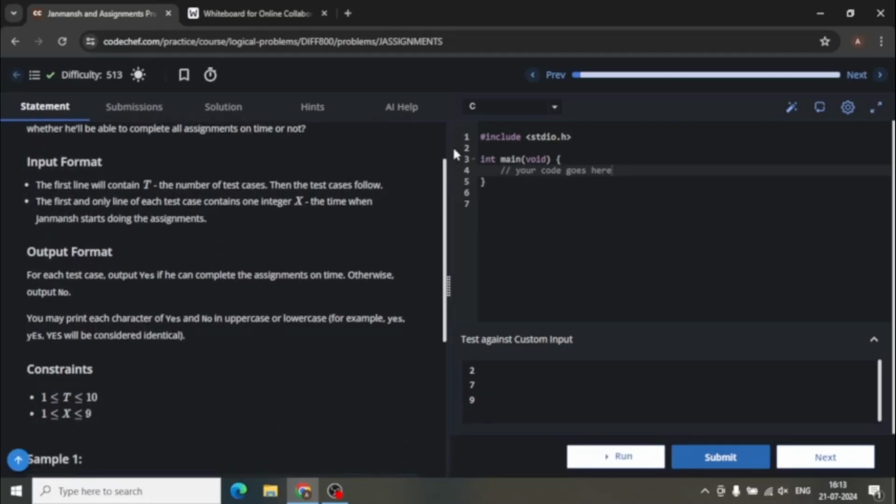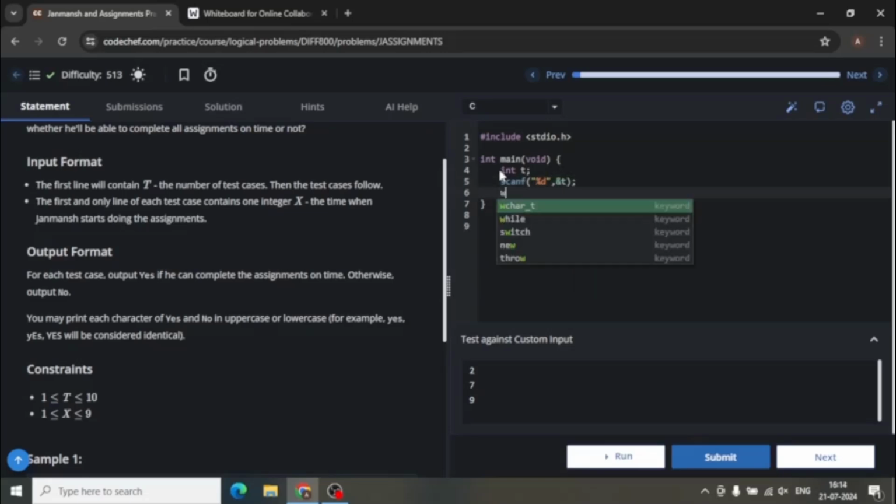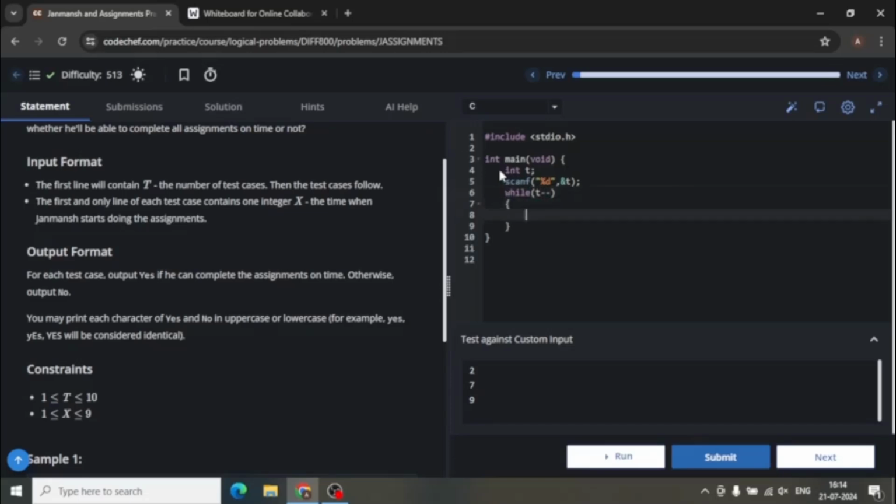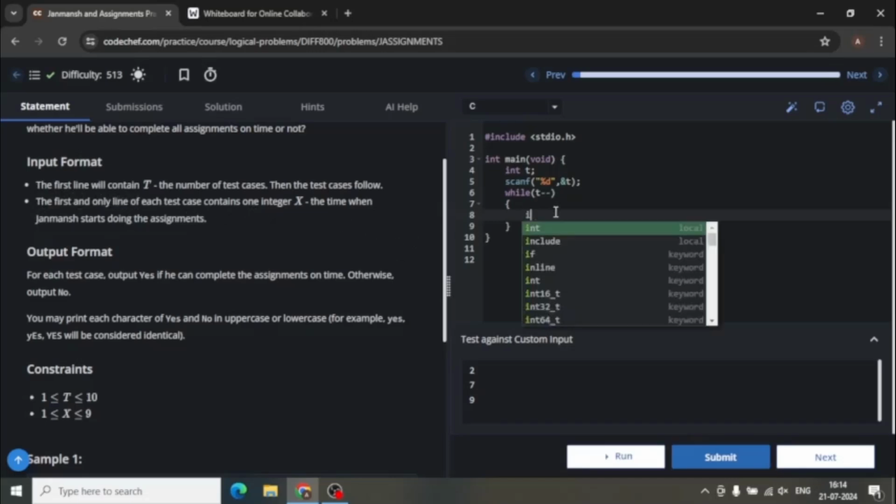The first line of input contains t, which is again number of test cases. X, that is the time at which Janmansh started writing, is given as input.